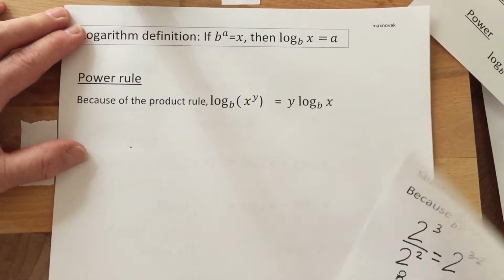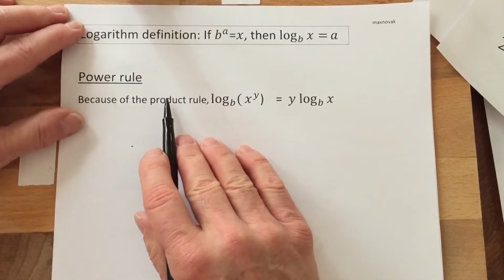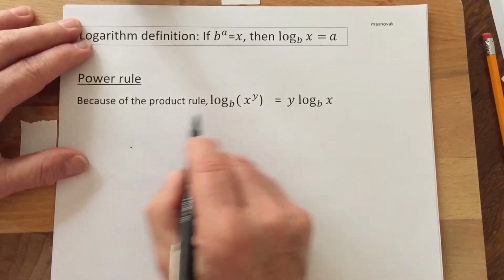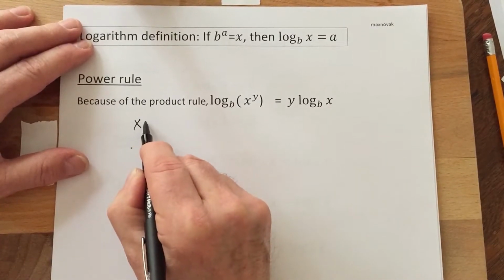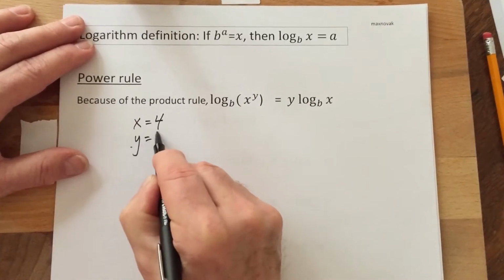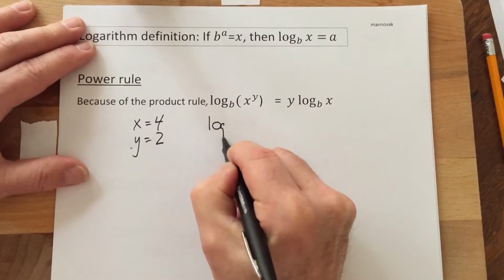Now, let's look at what happens when we have powers, when we have some number to another power. Let's look at the case where x is equal to 4 and y is equal to 2. And we're going to do log base 2 again.